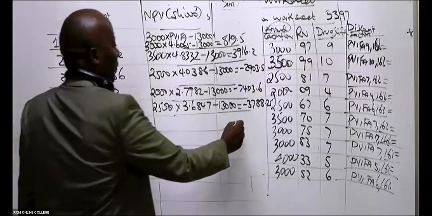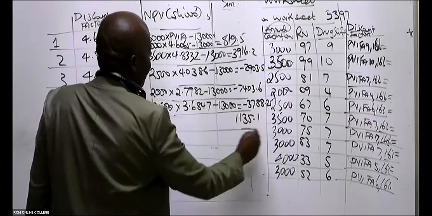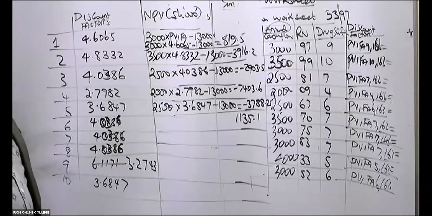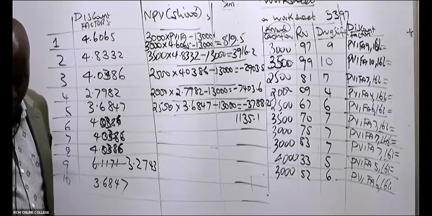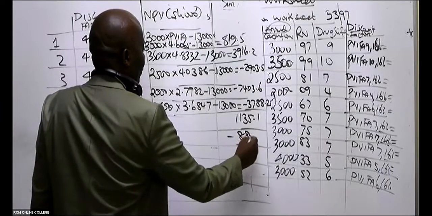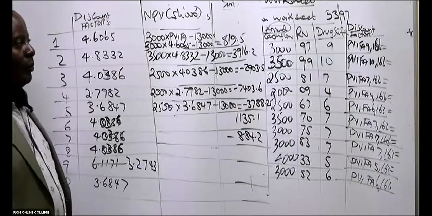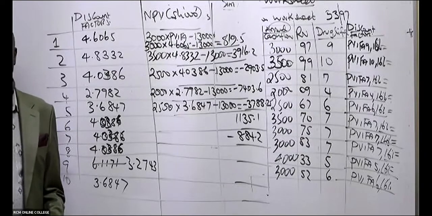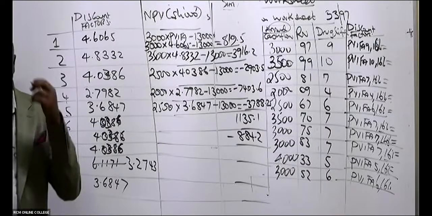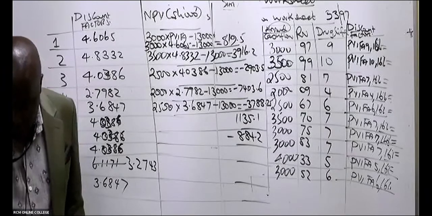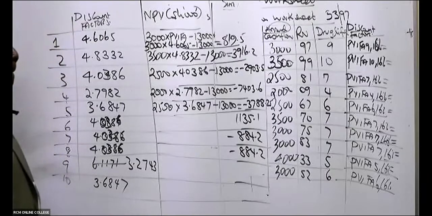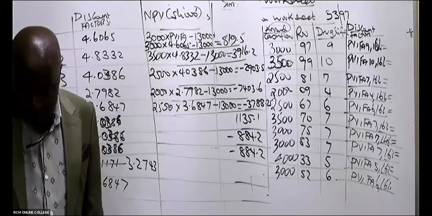1135.1. Minus 884.2. Minus 884.2 again. We finish. 97.2.